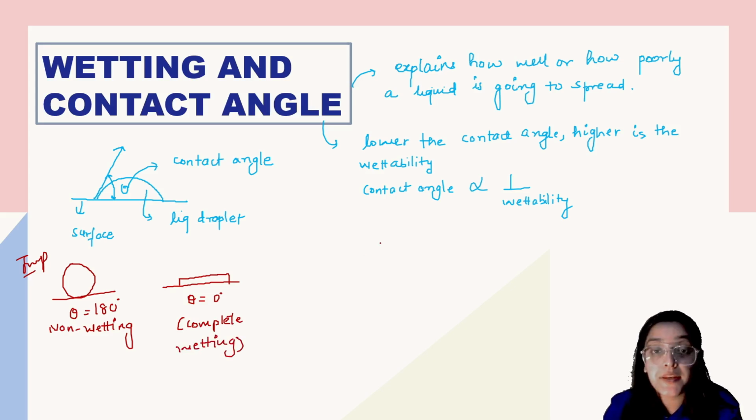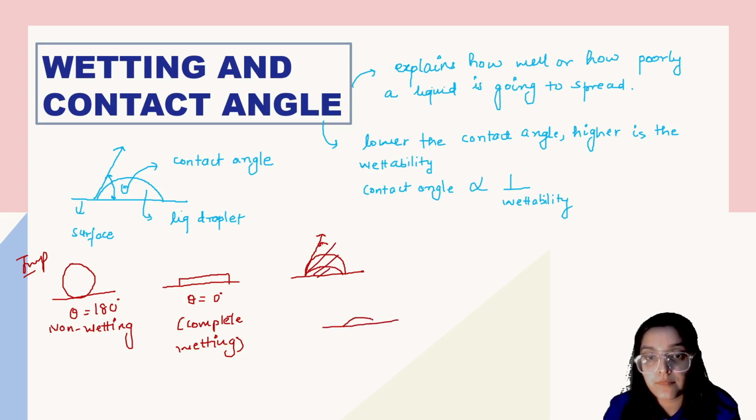Okay students, suppose this is the contact angle that we have been talking about. If this contact angle is less than 90 degrees, then only wetting will take place.